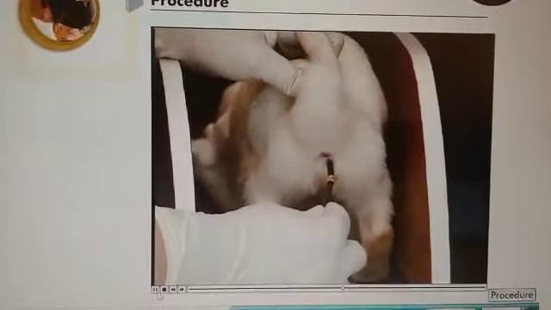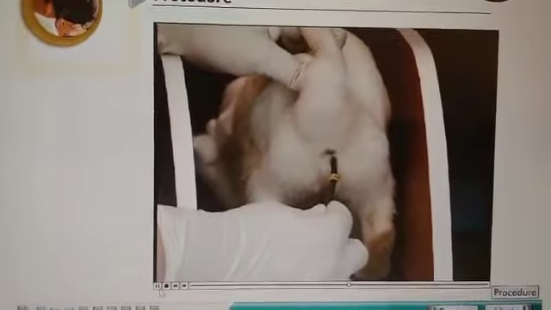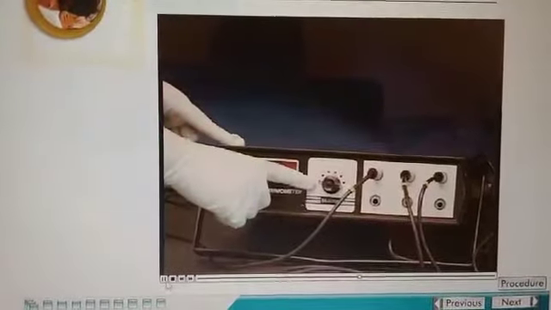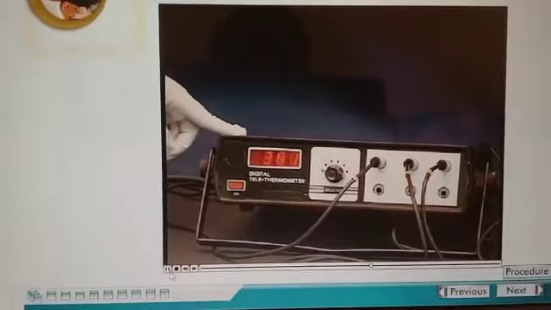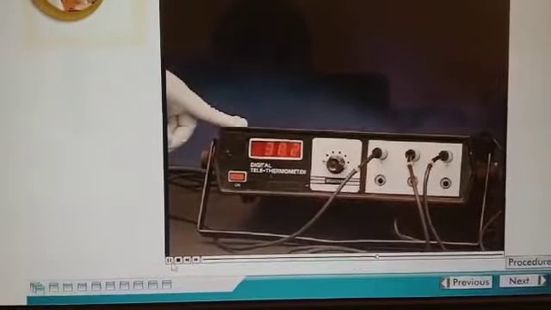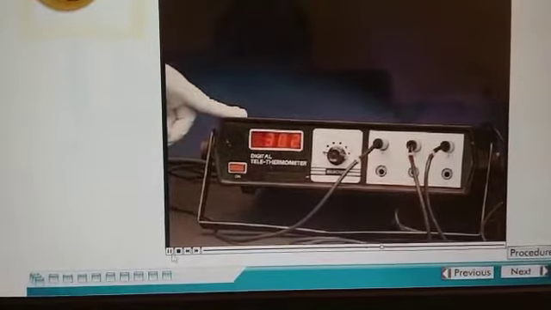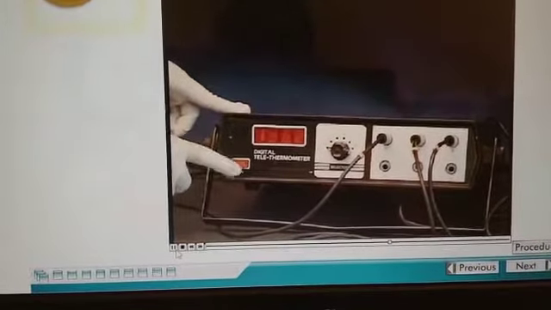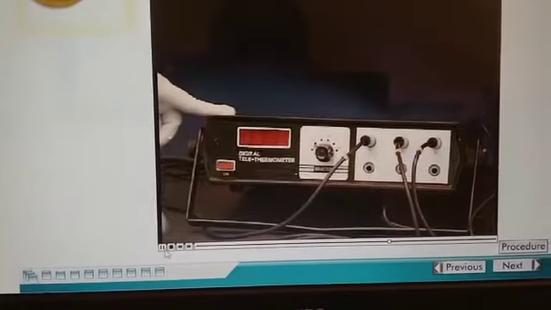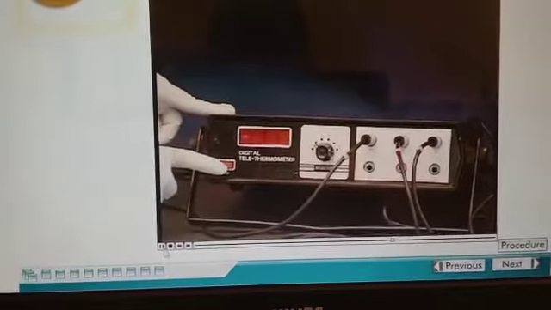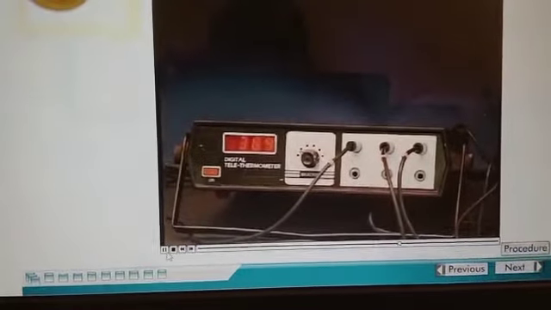Record the normal body temperature of each animal before the injection of the test sample every 30 minutes for a span of at least 90 minutes. Do not use any rabbit showing a body temperature higher than 39.8 degrees or lower than 38 degrees centigrade.